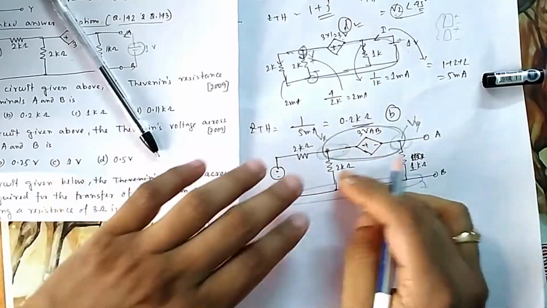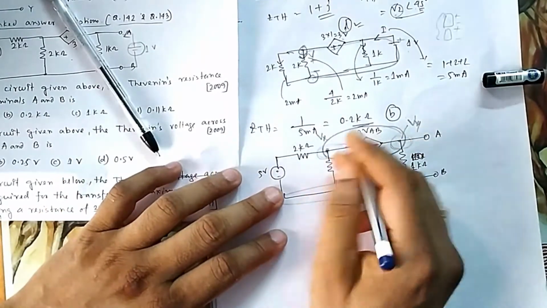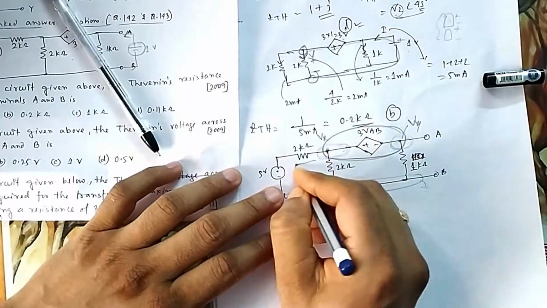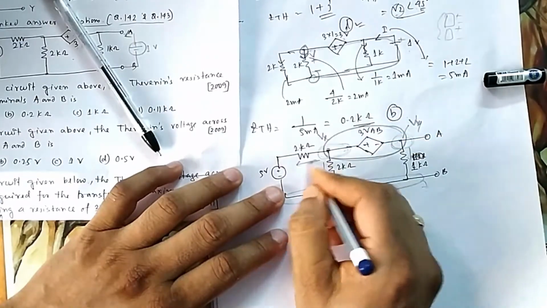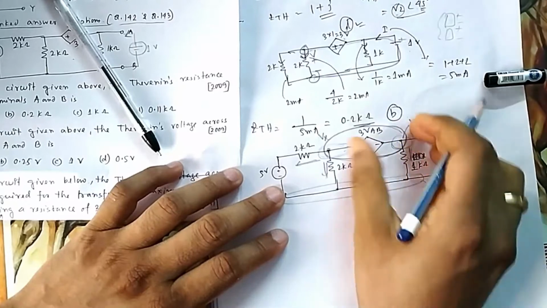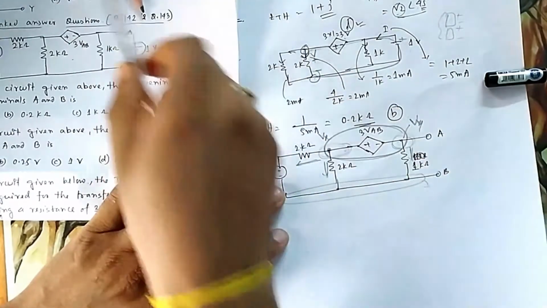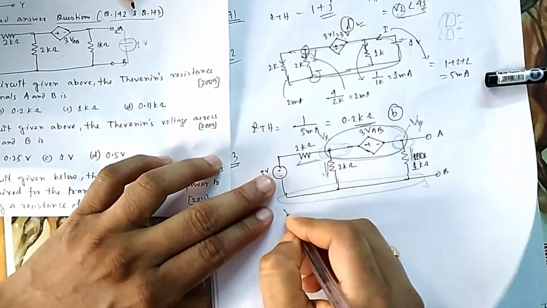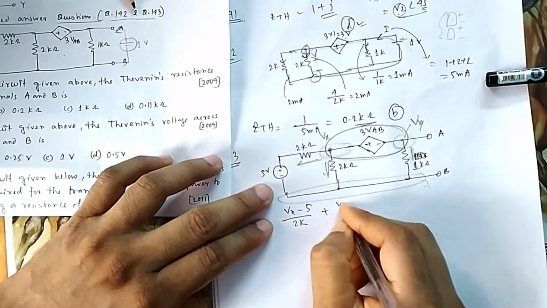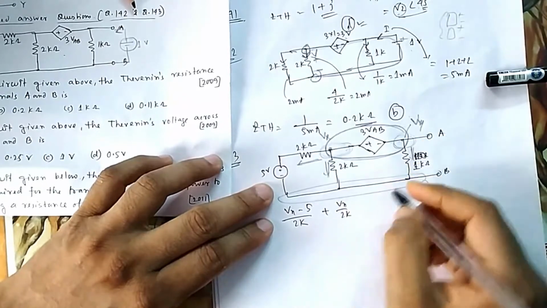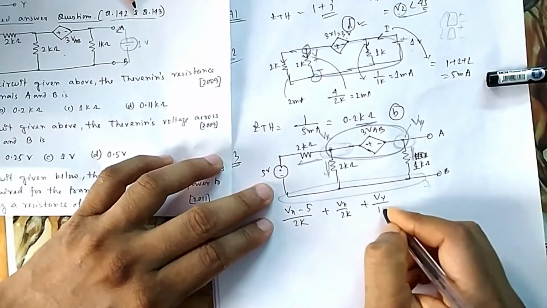You write node analysis for the entire super node. There are 3 currents coming out of this, because this becomes one node for me. So if you come to this side, it is (Vx minus 5) by 2 kilo, plus Vx by 2 kilo, plus Vy by 1 kilo.